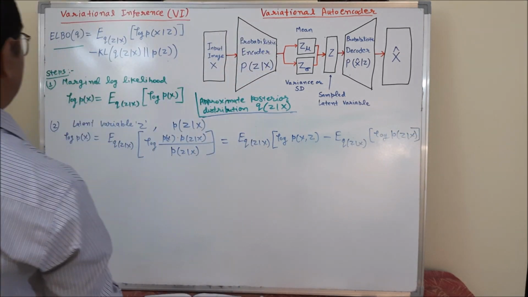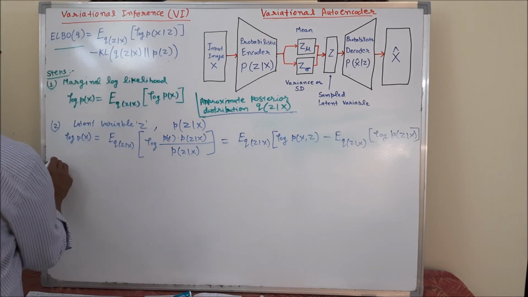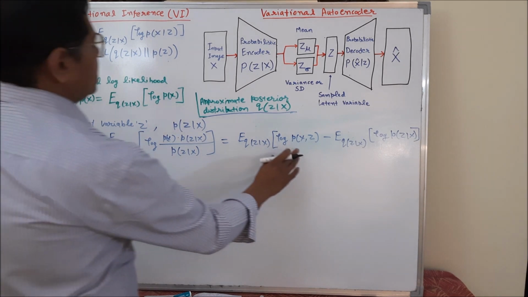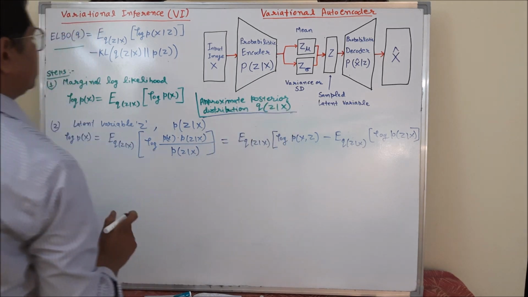Now let us apply another trick, and this is trick by trick. We add and subtract the term related to the approximate posterior distribution.